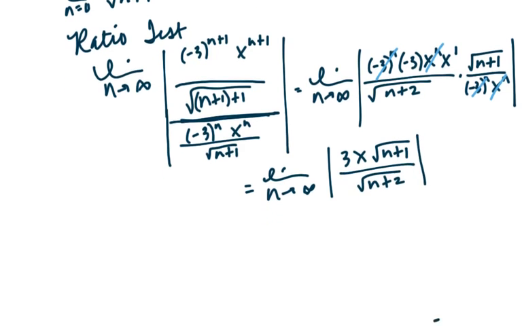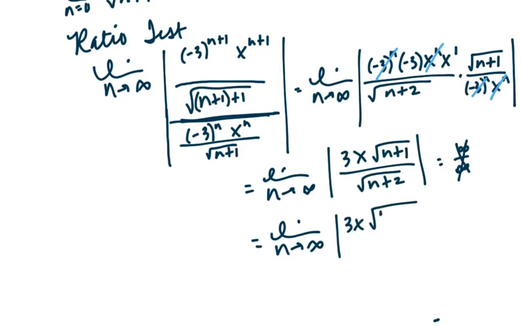You could use L'Hopital's rule here, but I think it's messier. By the way, you evaluate and you get infinity over infinity, an indeterminate form. So let's keep this and divide by the highest power of n in the denominator, so we're going to divide by the square root of n.